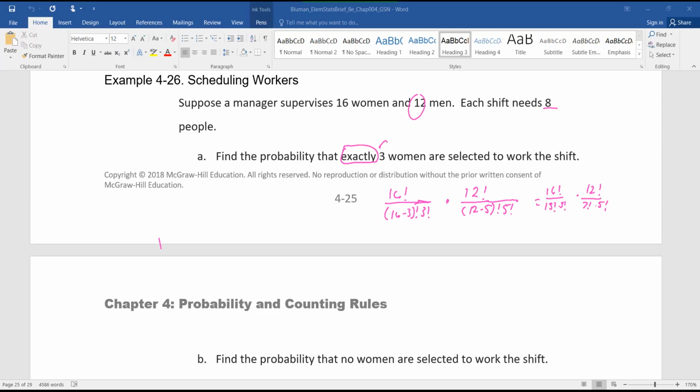All right, so 16 times 15 times 14 over 3 times 2. So y'all got here? Because this would be 12 times 11 times 10 times 9 times 8 over 5 times 4 times 3 times 2.